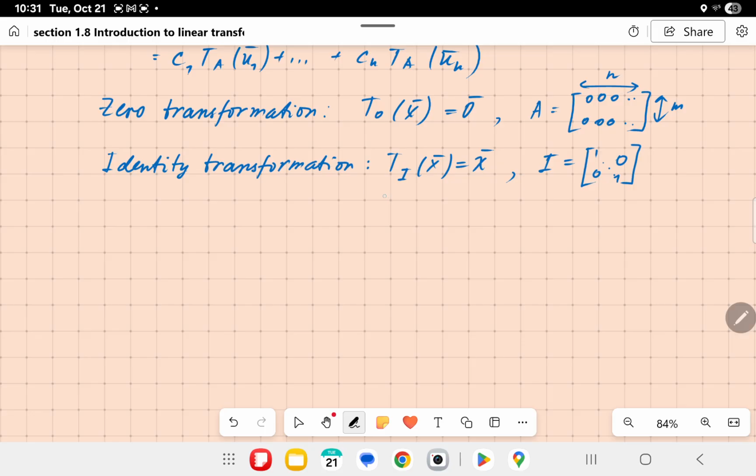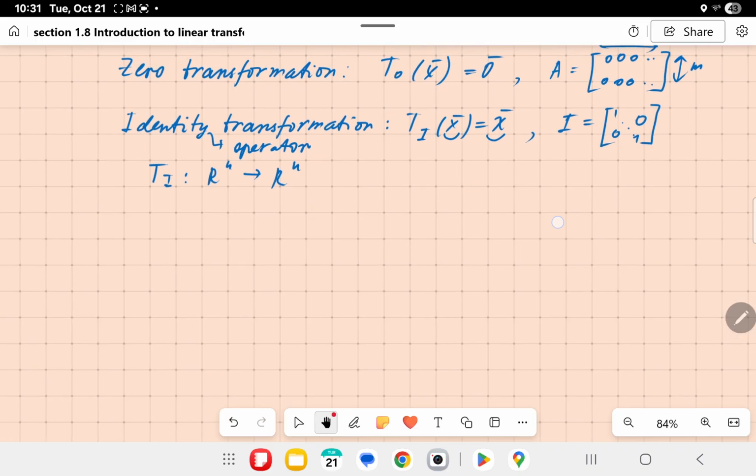Identity transformation is a transformation from Rn into Rn, because this one has n components and this one has n components, which means that it's not just an identity transformation, but rather an identity operator, because it transforms Rn to Rn, the same dimensional space.